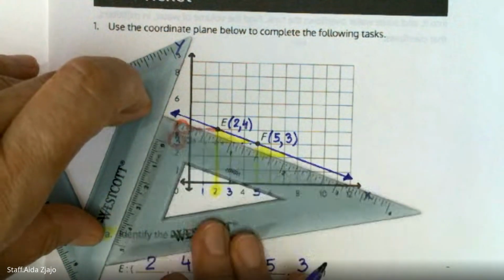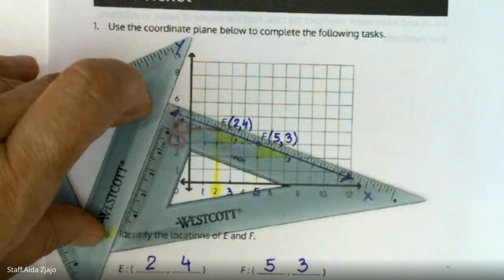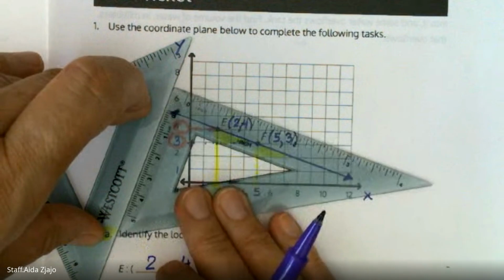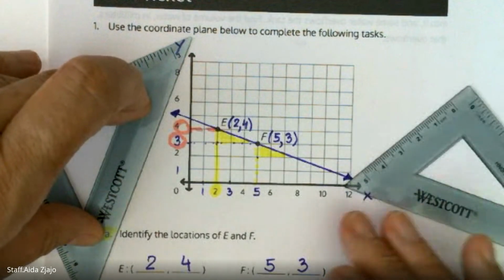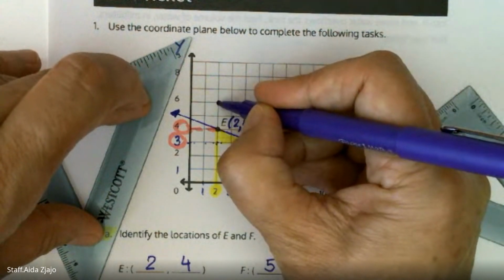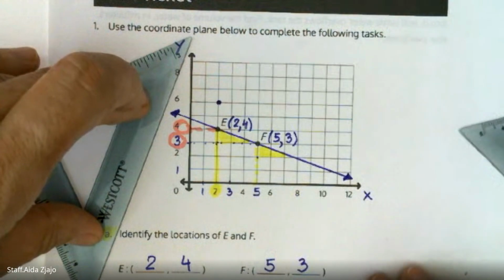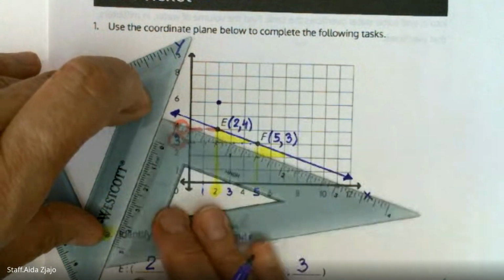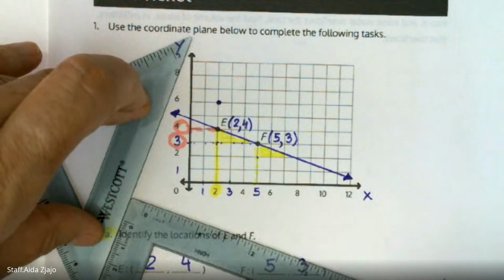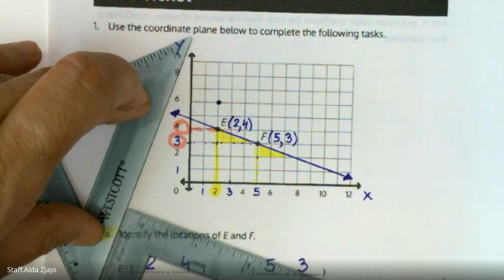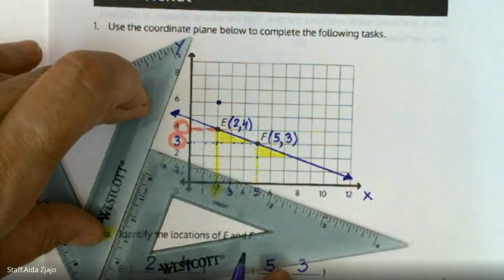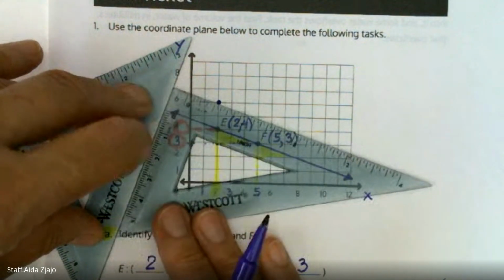Let's do bigger triangles. So I'm thinking about having 2 units. What if I think that I would like my point to be right here? So how can I make a parallel line to it, and how can I make another point if I wish to use the triangles?